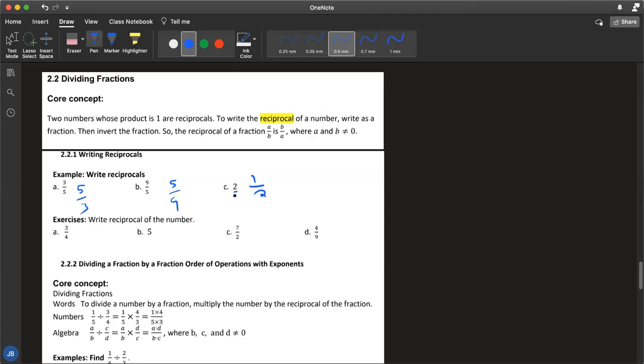So 2 is 2 over 1. The reciprocal is 1 over 2. Does that make sense? Okay, perfect. Kevin, what's the reciprocal of 3/4? 4 over 3. Maggie, what's the reciprocal of 5?